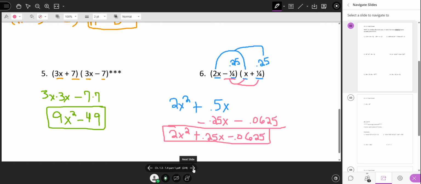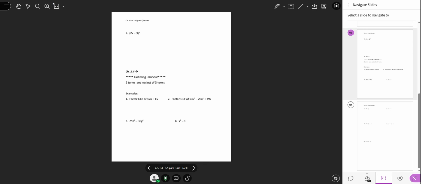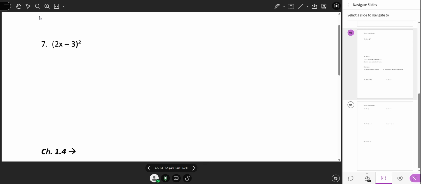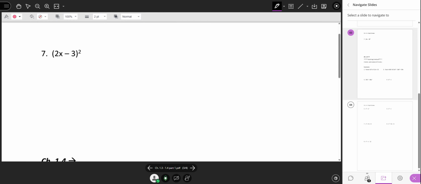Now, number last. Let me change colors. I'm not actually going to do this problem, but I am going to set it up.